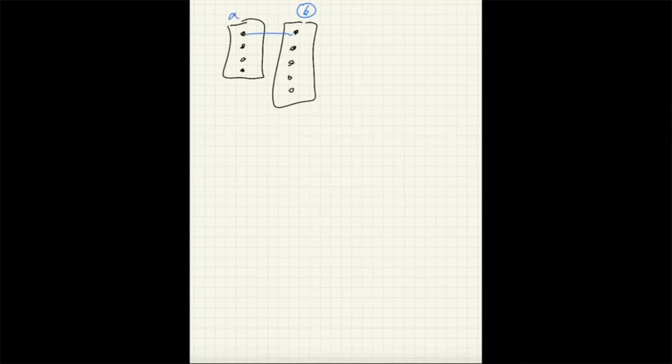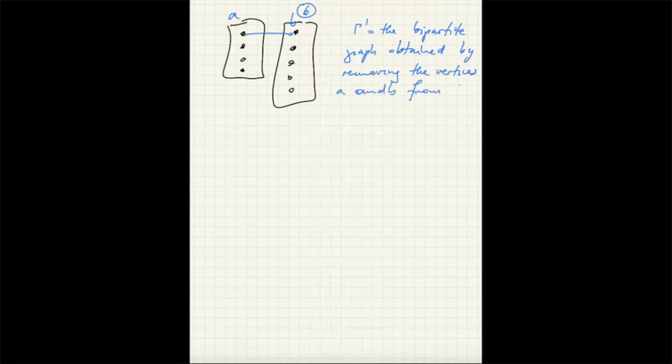This is A, this is B. And now, let's say gamma prime is the bipartite graph obtained by removing the vertices A and B from gamma.